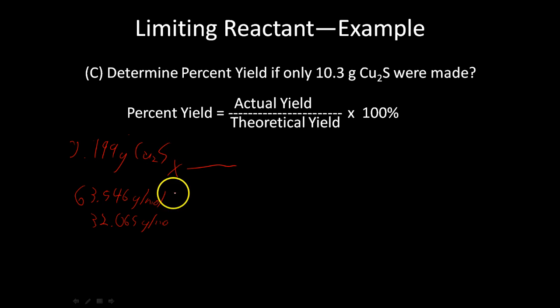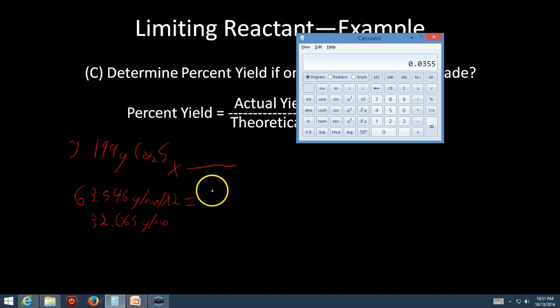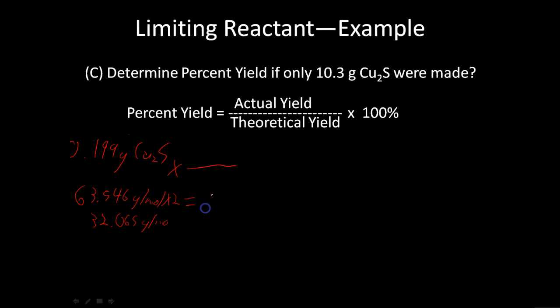But there are 2 coppers here, so we need to multiply that by 2. So 63.546 times 2 plus 32.065 is 159.157 grams per mole. Now we might have a few extra sig figs, but that'll be okay. We'll keep them in there for right now.